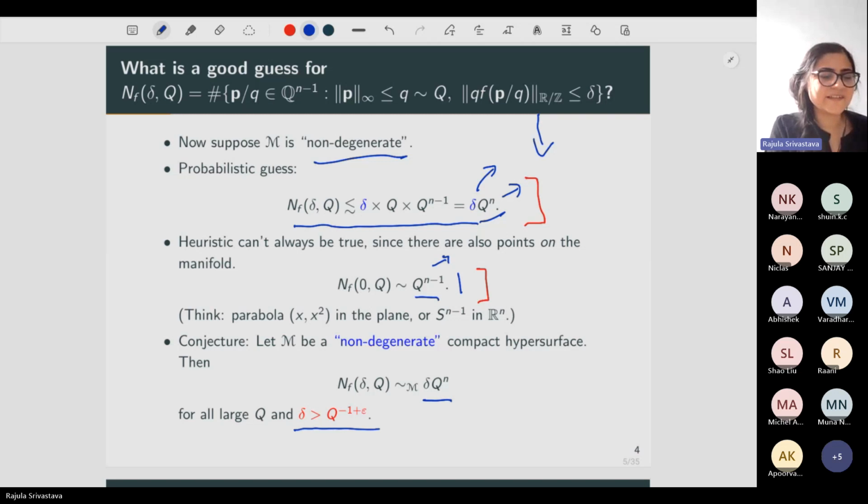I mean the tilde here is not well defined, but I mean it in an asymptotic sense, with constants which will depend on the manifold. At least that's what we'd like to find out. So that's the conjecture that we would like to prove for sufficiently nice hypersurfaces.